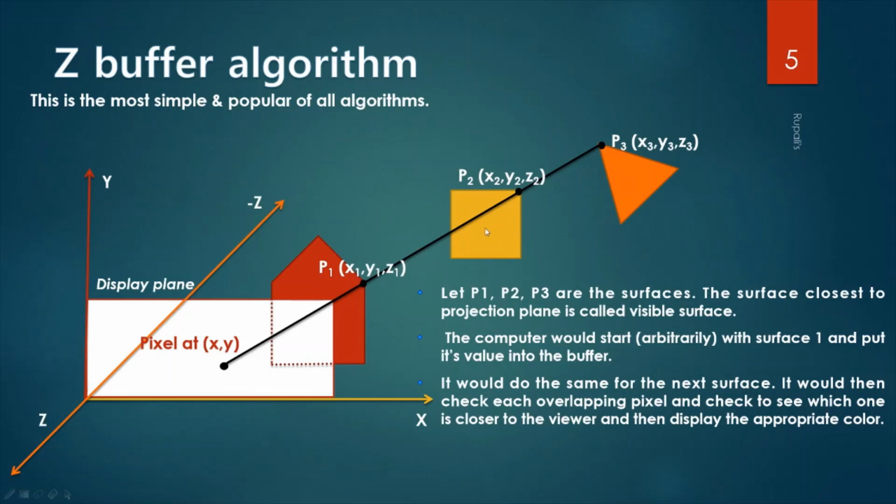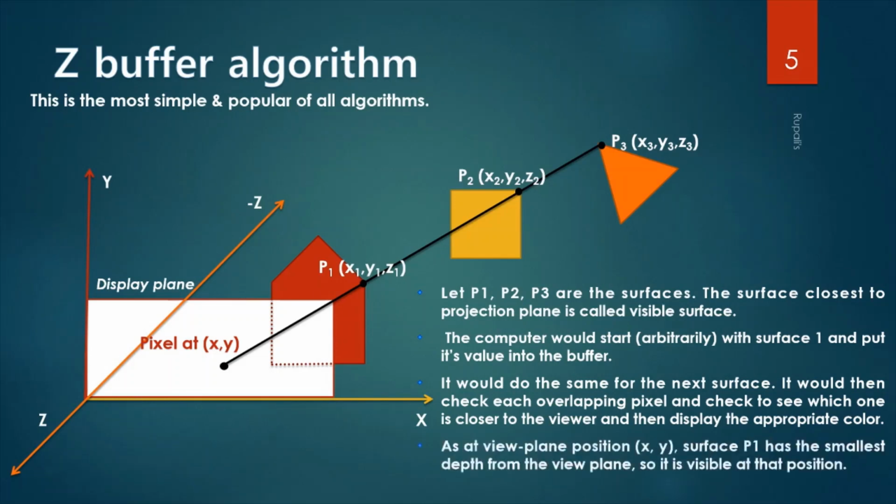In this way, it will proceed. It would then check each overlapping pixel to see which one is closer to the viewer and then display the appropriate color. Now, there are some overlapping pixels, so the computer checks which pixel is closer to the viewer, then displays the appropriate color.